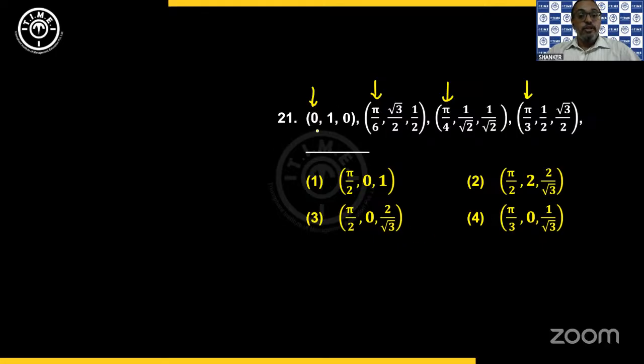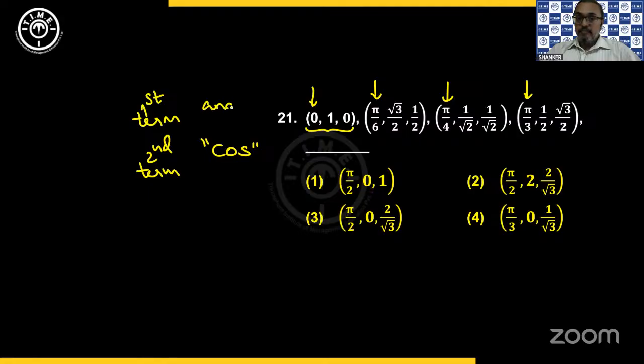But what are these values when you look at the first one? So this is about cos, because cos 0 degree is 1, and sine 0 is 0. So the first term we have is the angle, the second term is the cos value, and the third term is the sine value.